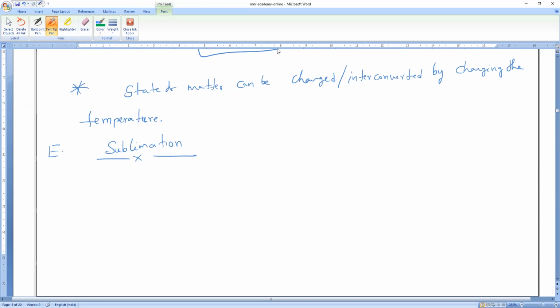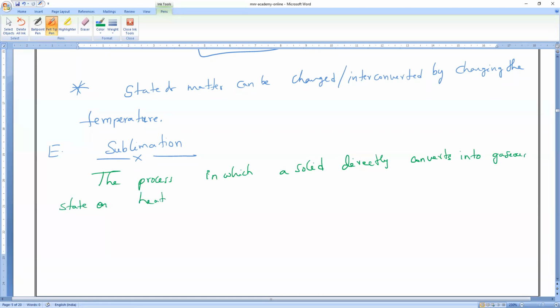In sublimation, one main word you have to use. What is the main word? Without changing into liquid state. Write the definition: the process in which a solid directly converts into gaseous state on heating, or vice versa.